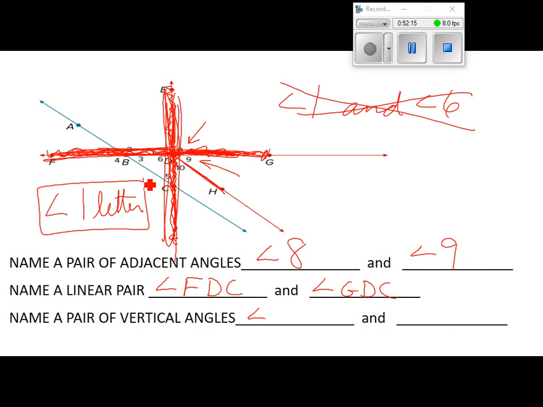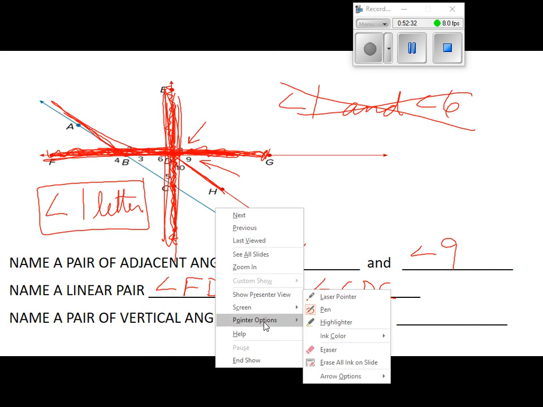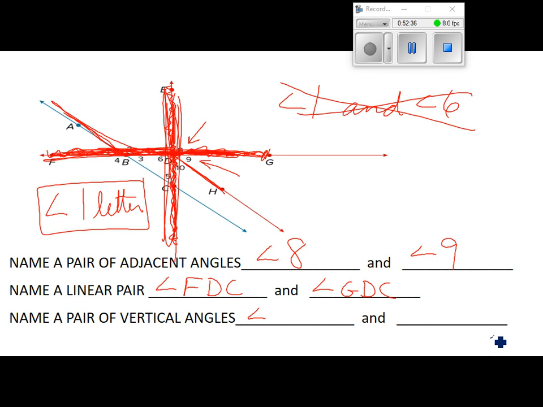Vertical angles. Angle ABD. A, B, oops, not A, B. A, B, D, that angle? Yeah. Can't see it, hold on. Color, give me something else. A, B, D. Everybody see that angle?